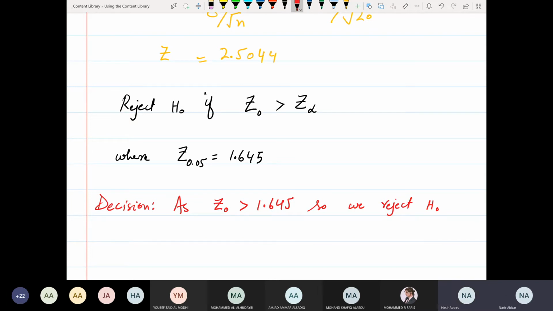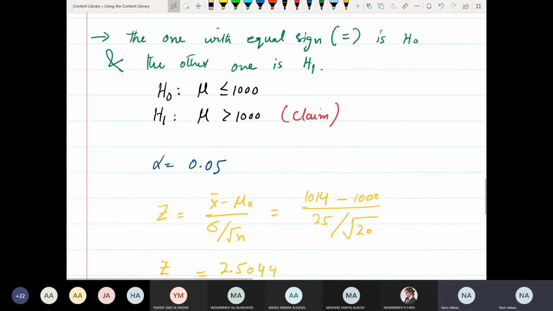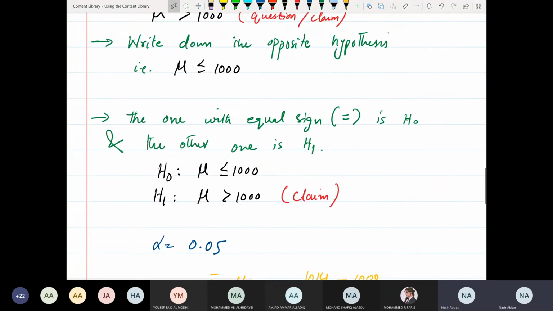And once you reject H0, now is the time to make the conclusion. This is where I told you that writing down which one is the claim will help. Your H1 is the claim. As you rejected H0, that means you are going with H1, which means your H1 is true. So you will say your claim in the question is true.